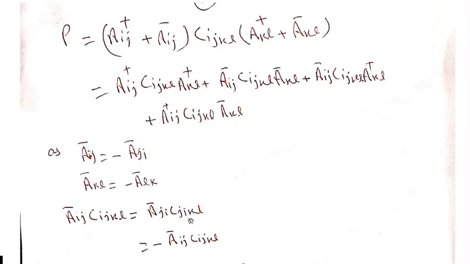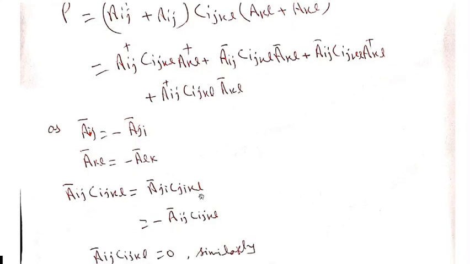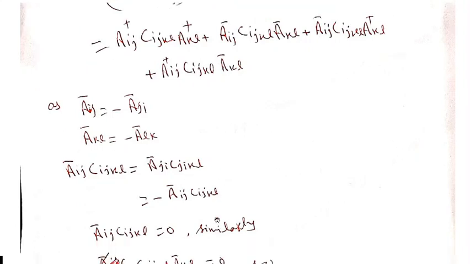Then putting the value of this here, minus aji, and this is symmetric. You know that this is symmetric in pair, so it would be minus a bar ij cijkl. So when you take this on the left hand side, you will have a bar cijkl equal to 0.